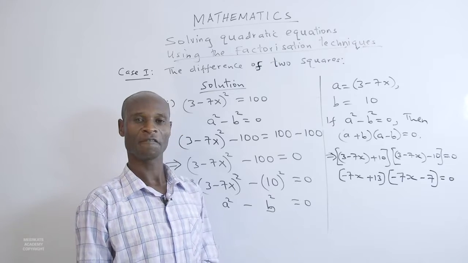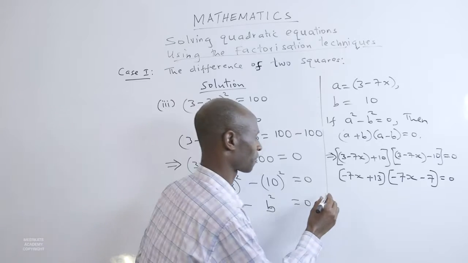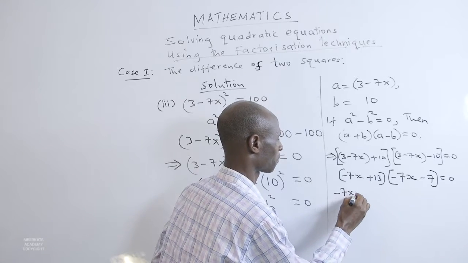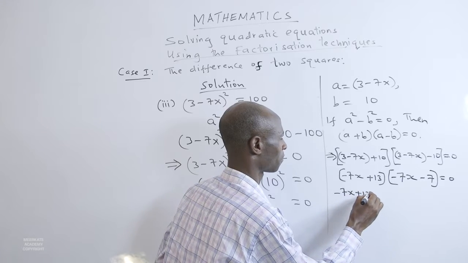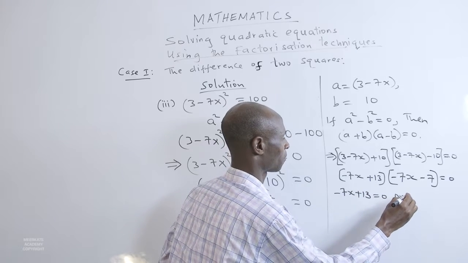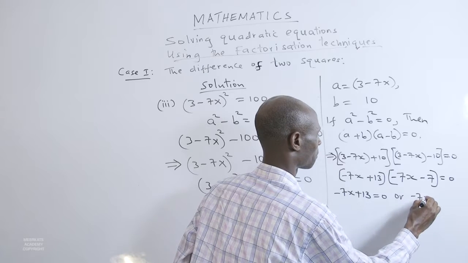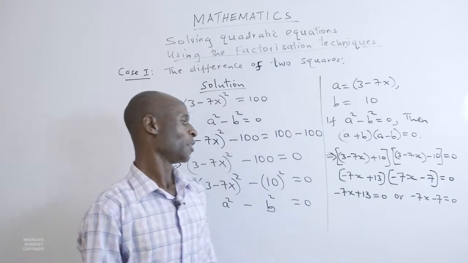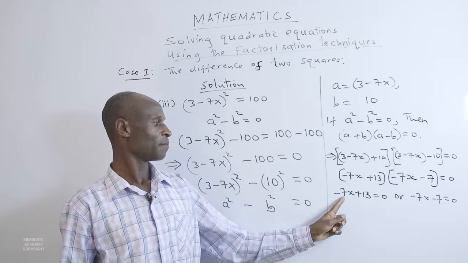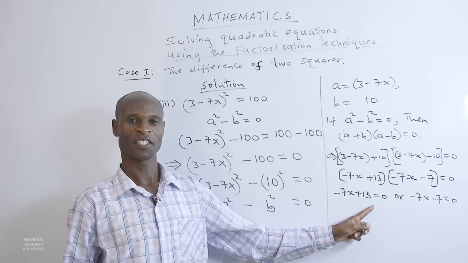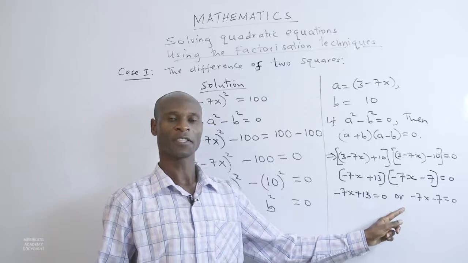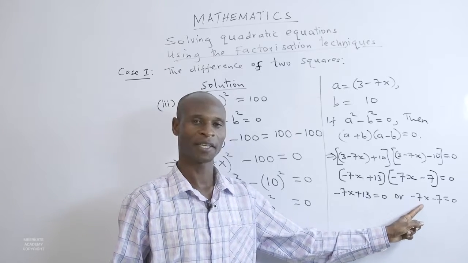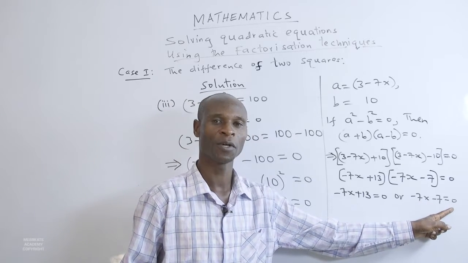So the first linear factor is minus 7x plus 13 is equal to 0, or the second linear factor is minus 7x minus 7 is equal to 0.